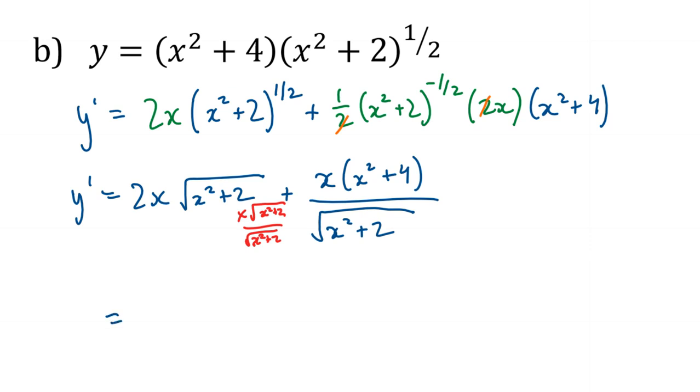Watch carefully. What happens when I multiply the top, that first part, by square root of x squared plus 2? Does the root go away into the bracket? They're the same root, right?